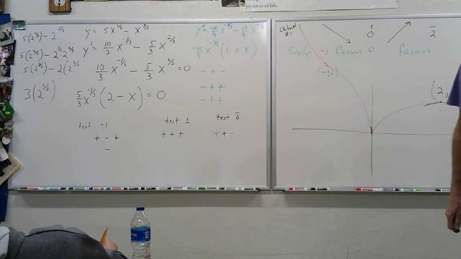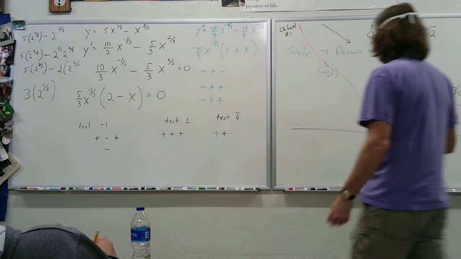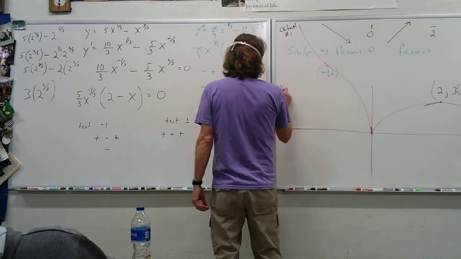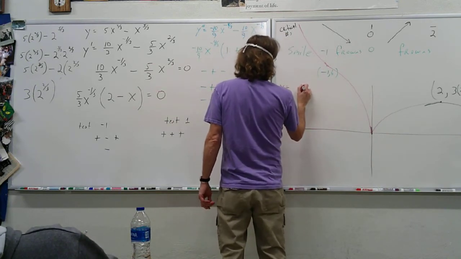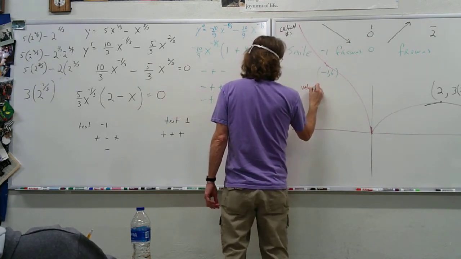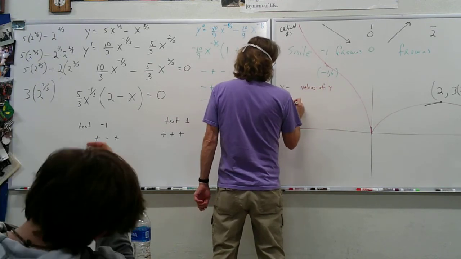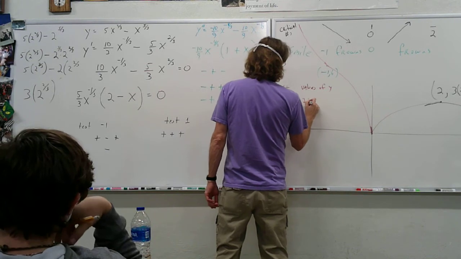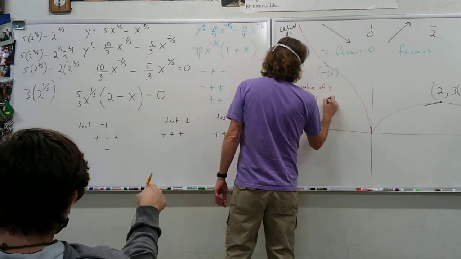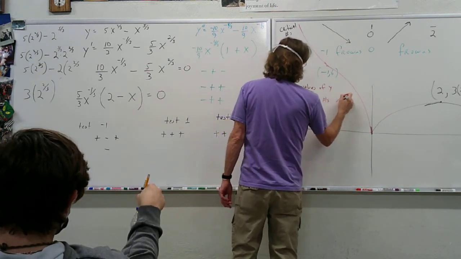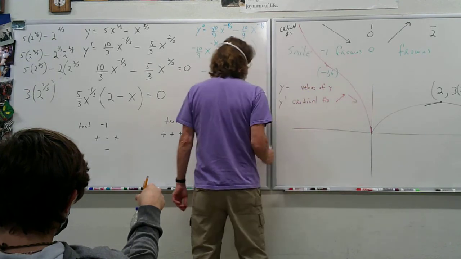Now, y prime gives you critical numbers. You might want to put it in front. Y equals gives you values of y. Y prime gives you critical numbers, which are only x values, and it also tells you increasing or decreasing.